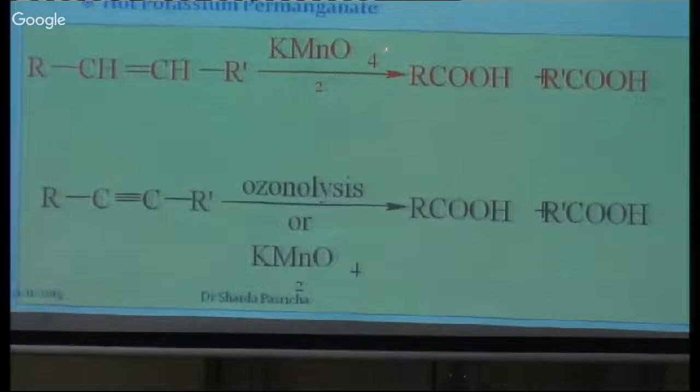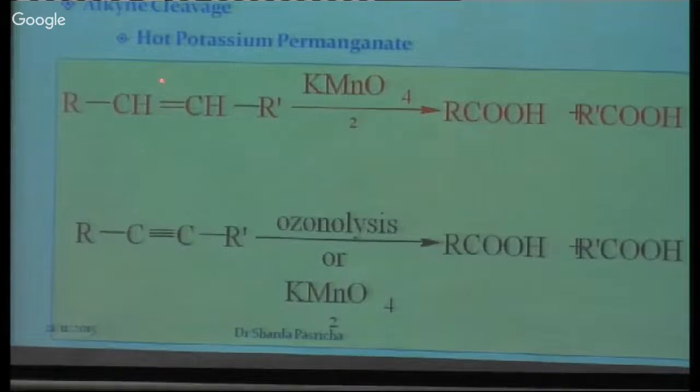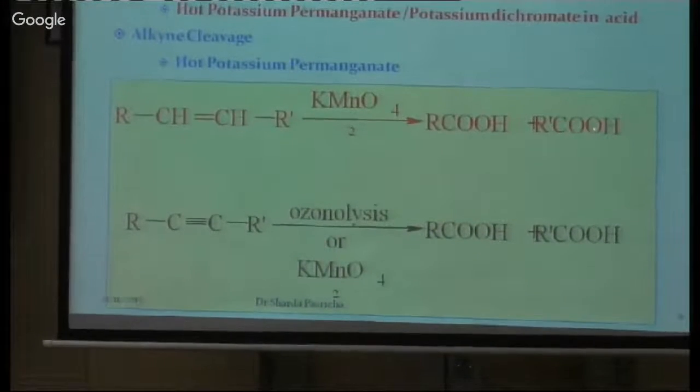You can see on the screen, I have taken a general reaction here. You have an alkene here. When you do oxidation with potassium permanganate, cleavage will take place across this carbon-carbon double bond, and you get the corresponding carboxylic acids here.